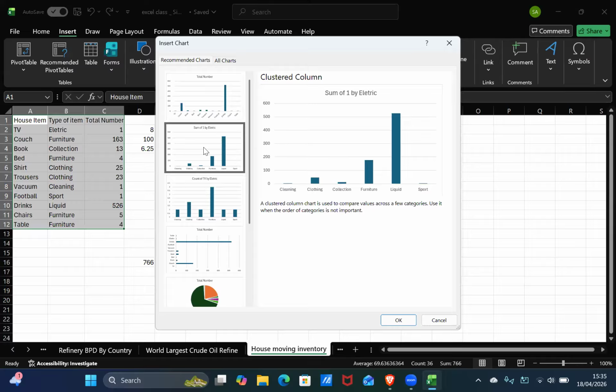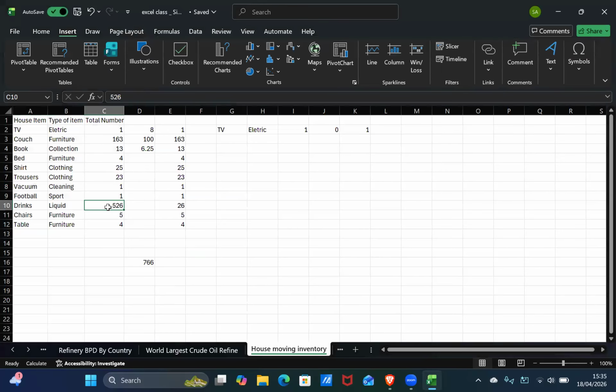So it looks like it is choosing the ones that we're counting by. So count is doing separately for count by electric, doing separately for the different types of items.